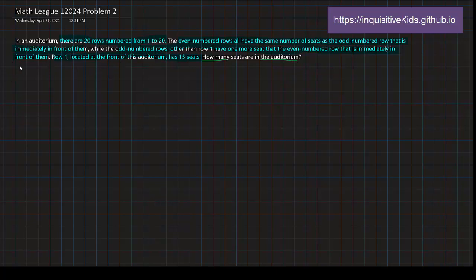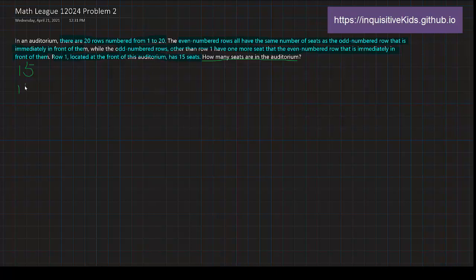Row 1, we have 15 seats, and that is an odd-numbered row. Then after, there must be the even-numbered row, the first one, which is row 2. It says that the even-numbered rows all have the same number of seats as the odd-numbered row that's immediately in front of them.